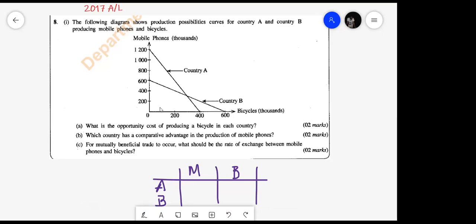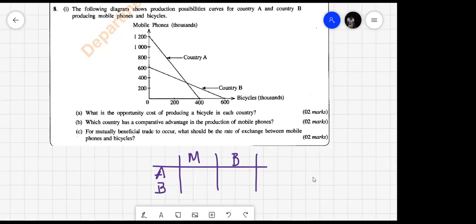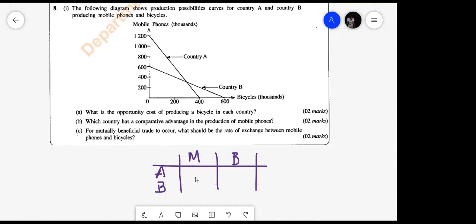Sometimes when they give it to you on a PPC, some of you are a little lost. I have noticed that. So if you think you can't calculate using a PPC, convert the values of the PPC into a table. Put the numbers here, guys.